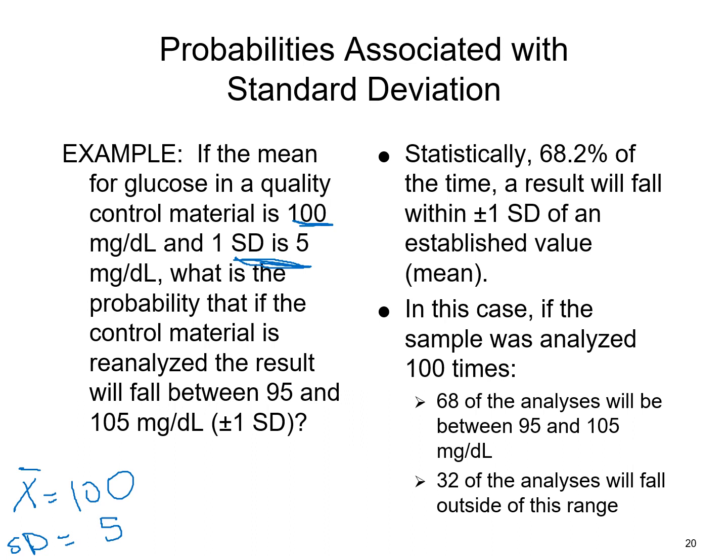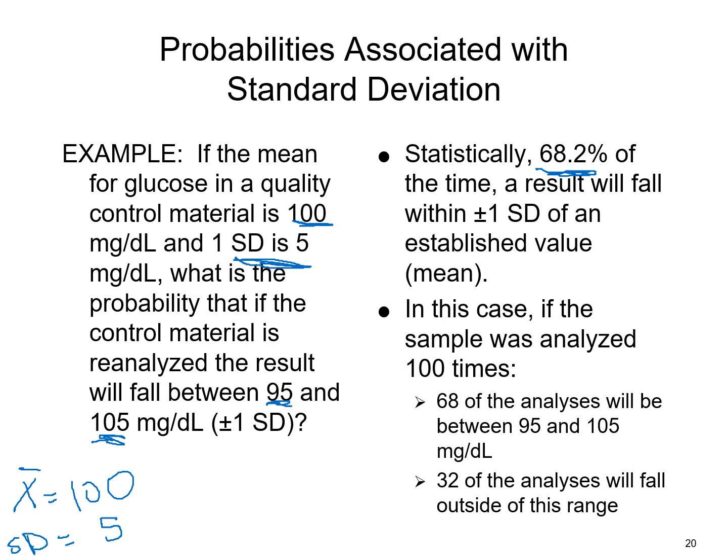So that means that anything we run for one standard deviation, which again covers 68.2% of our values, should fall plus or minus 5 of 100. So somewhere between 95 and 105 is what we should expect our values to be.